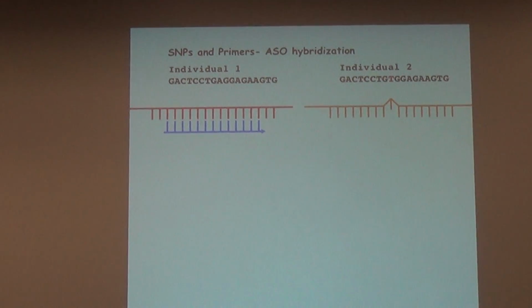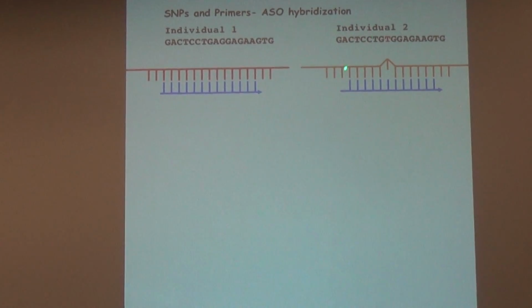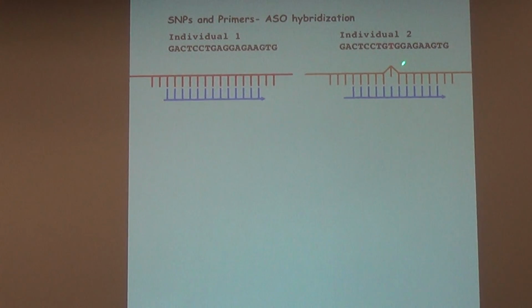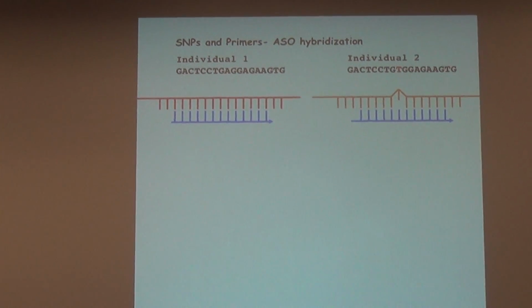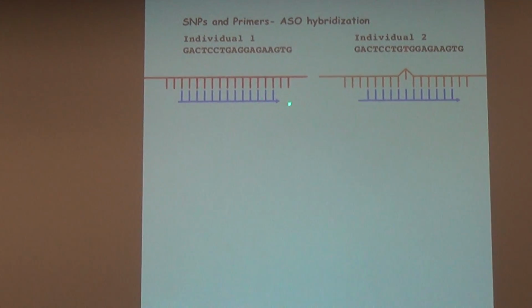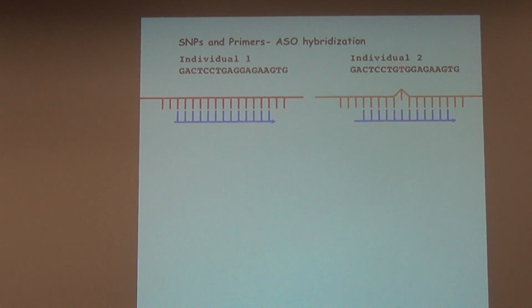Because of the PCR reaction. This primer, if I were to anneal it like this, it's going to have a base in the middle that's not going to anneal. It's not going to form a base pair because of the change. The sequence of the primer isn't going to match the A, it's not going to match the T.